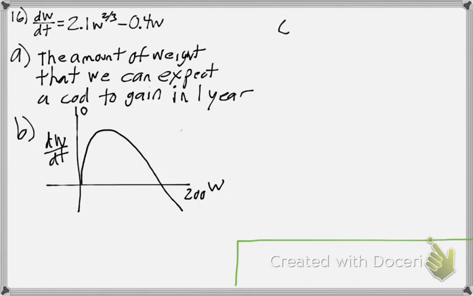So part C, it says what is the weight of the cod when it is growing at the greatest rate? So growing at the greatest rate, that's where the rate of change is the most. So I actually just need to calculate the max here.